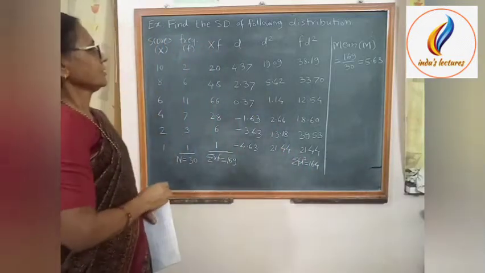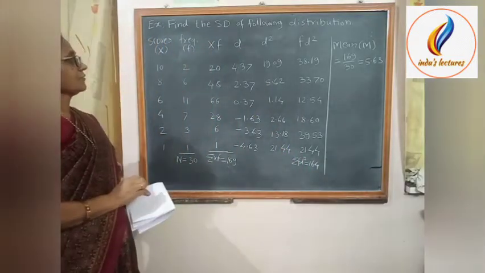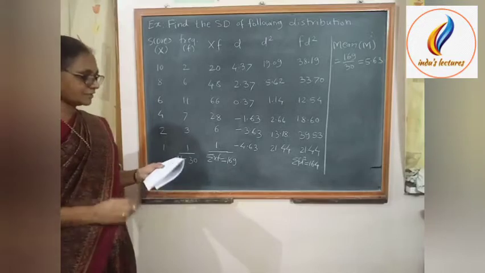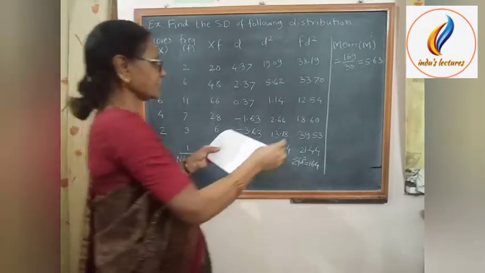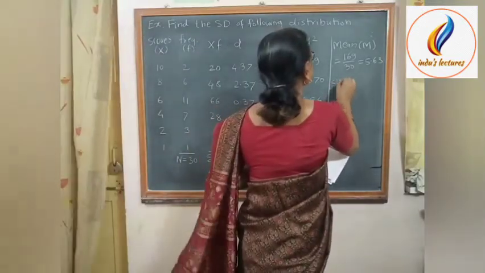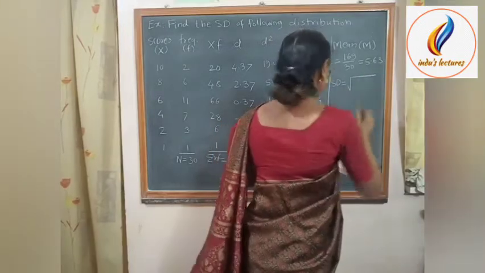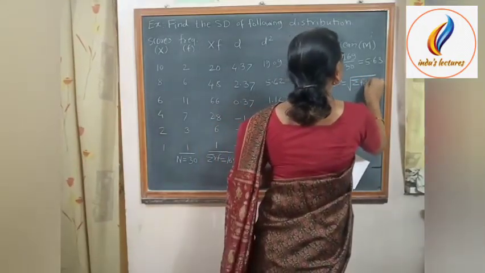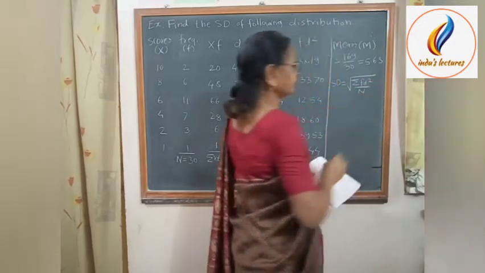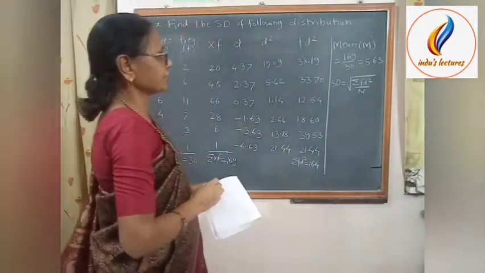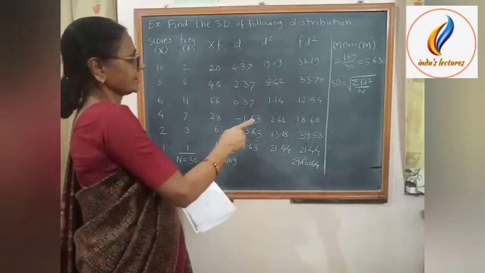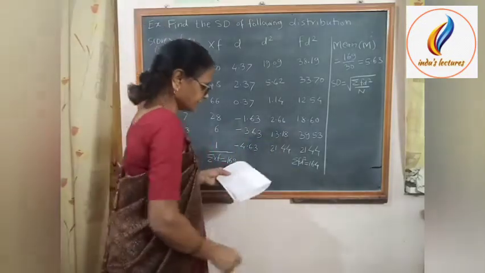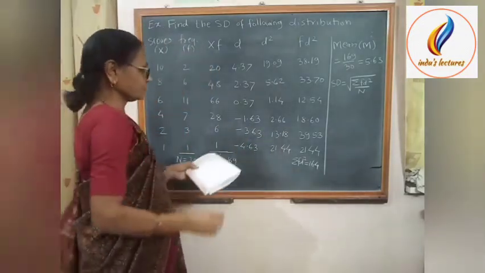Now in this case, for finding the standard deviation, we have to use the formula: standard deviation SD is equal to under root of summation fd square upon n. Now we find fd square is 164 and n is equal to 30.